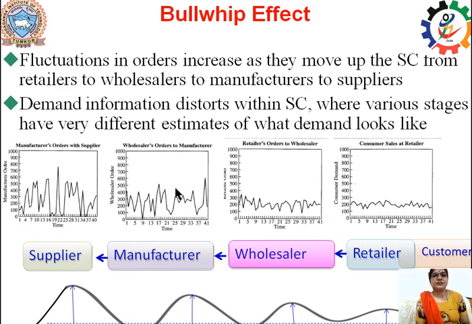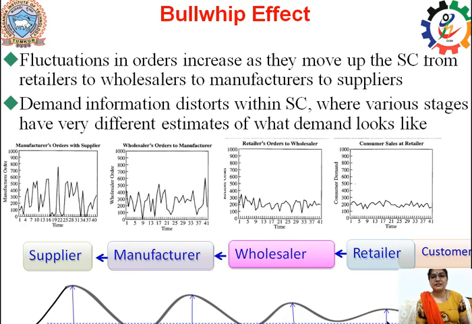And this is when placed with the manufacturer. When the wholesaler comes and places the order with the manufacturer, there is still more amplitude-wise variation of the demand, and this furthermore gets amplified when it goes to the supplier. Here it was more or less stable, here it was totally variable. This increase in fluctuations, can you make out?